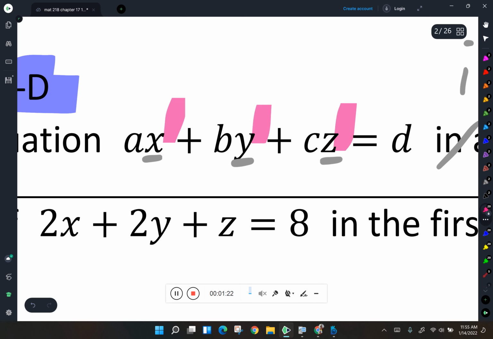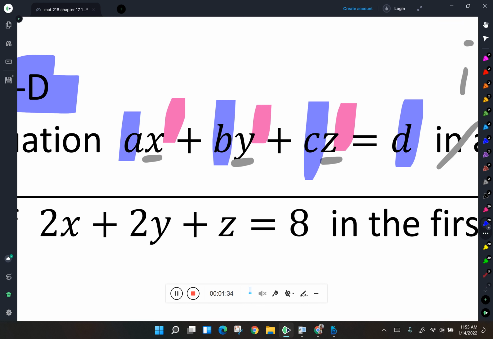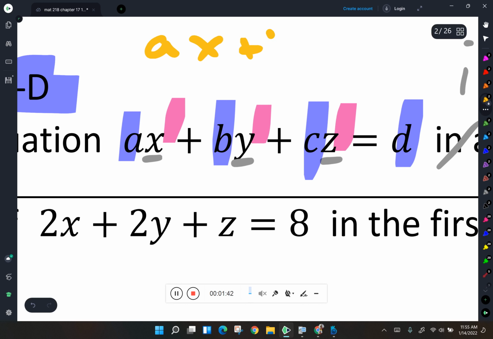They're not raised to the second or third power or something like that. They're not rooted. They're just plain old x, plain old y, plain old z. This a, this b, this c, and that d are just constants, like a 3 or a -5. And so basically it's the three-dimensional analog of ax plus by equals c, which would be a line in 2 dimensions.